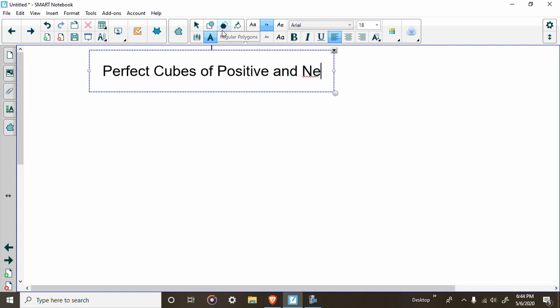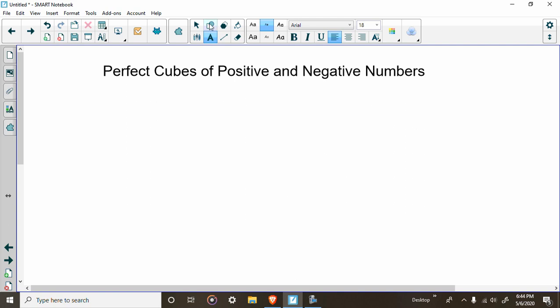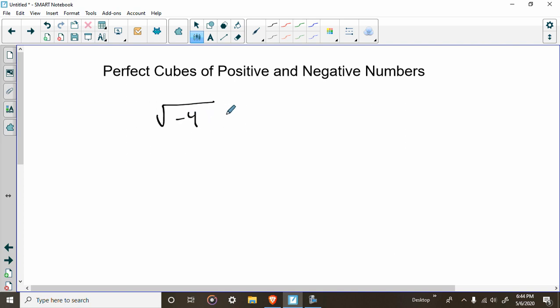Positive and negative numbers. Okay, so unlike square roots, when we take cube roots of negative numbers, we get a real answer. So let's just talk about what that means for a second. Now, when we took the square root of -4, that became an imaginary number, right?